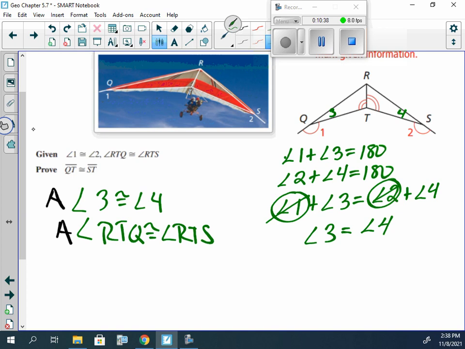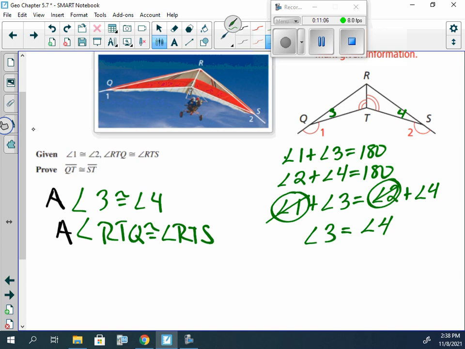Well, what do we have so far? We have two angles, yes? So if we look at all the ways that work, side, side, side, or side, angle, side, or angle, side, angle, or angle, angle, side. Which ones of these deal with having two angles? Well, angle, side, angle, or angle, angle, side, yes?